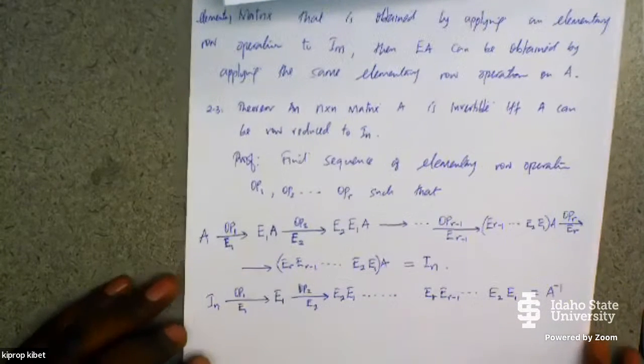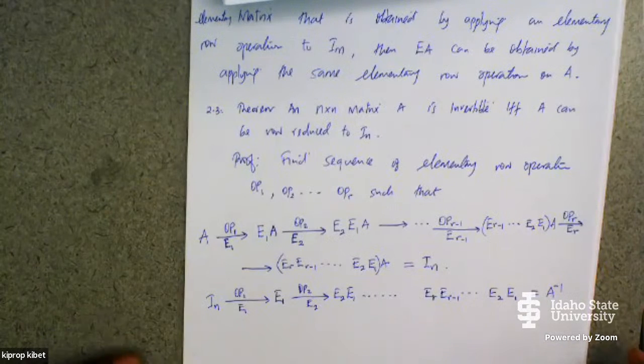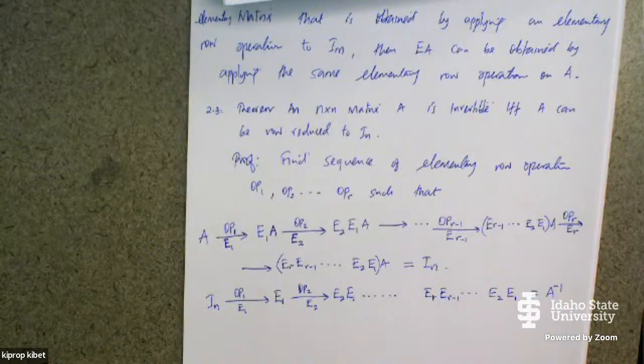So therefore, when we try to do this for a 3 by 3 matrix, you take the 3 by 3 matrix A, and you add an identity matrix next to it, which is 1, 0, 0, and so on up to the last one. Then you reduce up to the point that this side is an identity matrix.